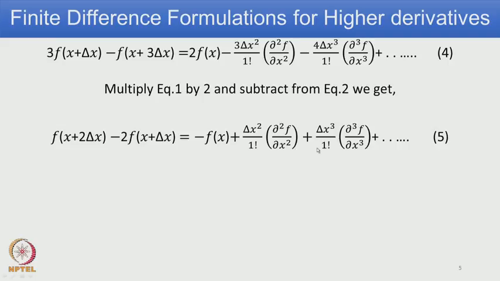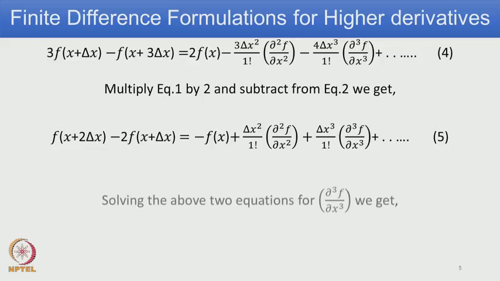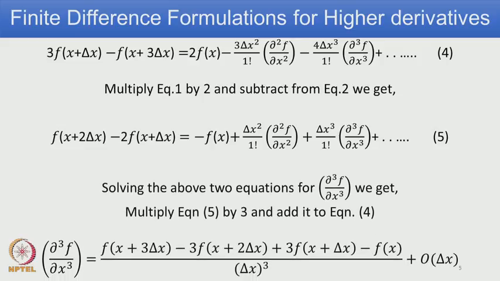Once again we have to get only the third derivative del cube f by del x cube. We still have the second derivative term in both equation 4 as well as 5. So, one more small arithmetic operation: multiply equation 5 by 3 and add it to equation 4.